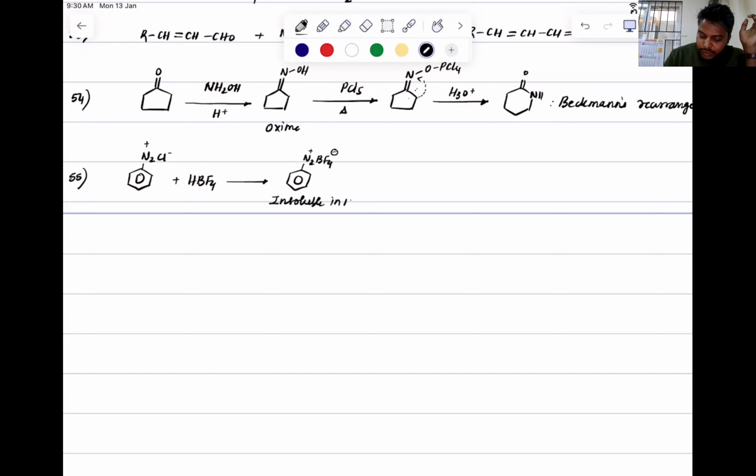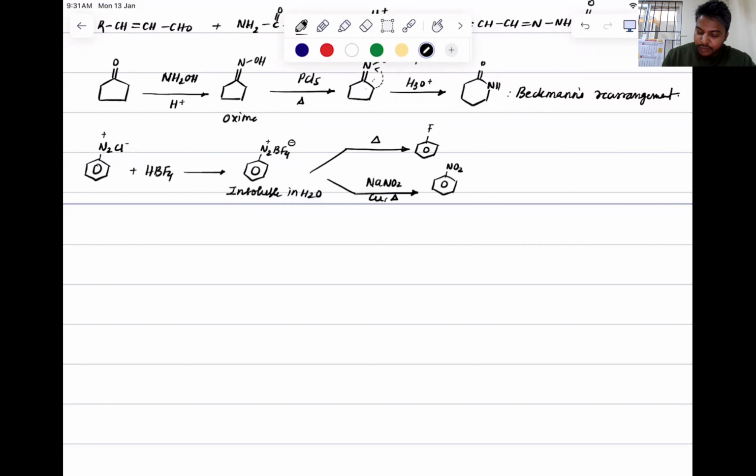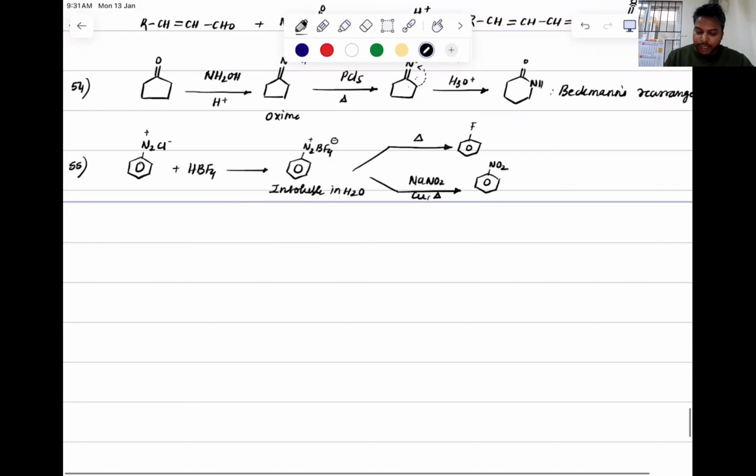There was one question in JEE Mains that asked which of the following is insoluble, and this was the option given. So learn it. This, if you heat, will directly get fluoride on it, and this is the product. While if you treat this with NaNO2 instead, in the presence of copper and heat, then instead of fluoro, now you will get nitro. Got it? So this is the product you will get.